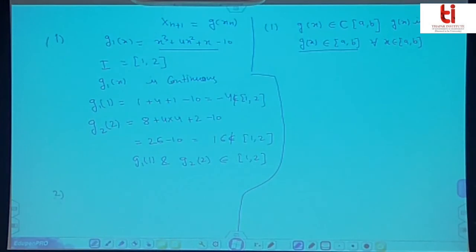That is what? g2(x). What is g2(x)? g2(x) is square root of 10 upon x minus 4x. Same thing, we will take g2(1).